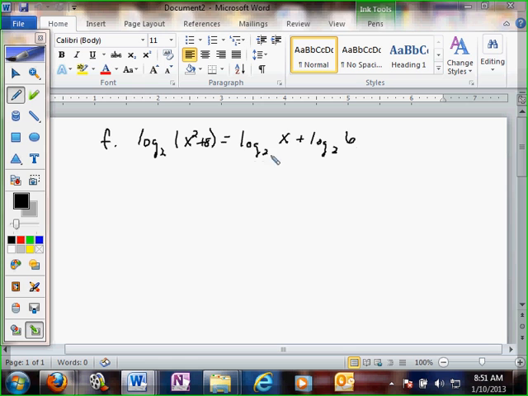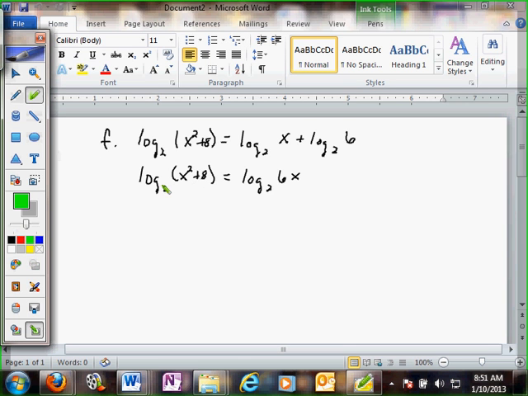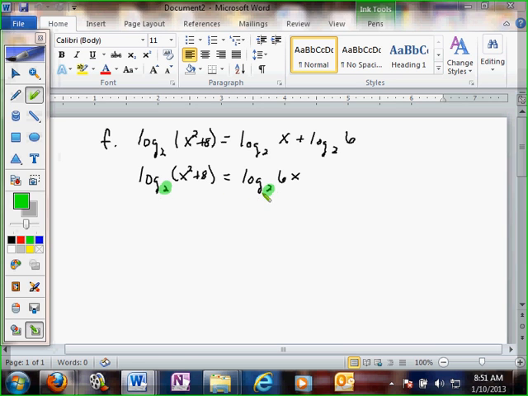So the first thing I'm going to do is condense the right side. This becomes log base 2 of 6x because I can condense the addition with multiplication. Bring the left side down. Now, there's nothing else I can do as far as condensing, but this is what you need to notice. I have log base 2 on the left, and I have log base 2 on the right.